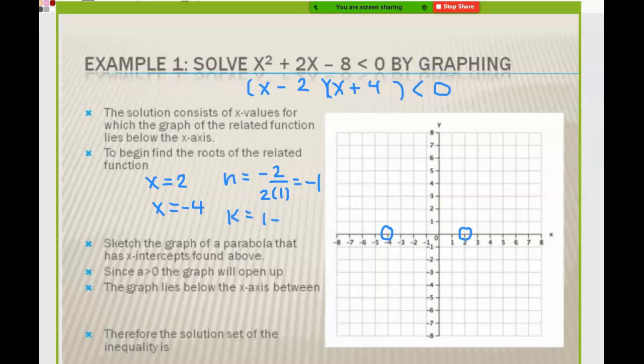So you'd get 1 minus 2 minus 8. So you get negative 10 plus 1 or negative 9. So again, we don't really care so much what the quadratic looks like because we're caring about the solutions of the quadratic.